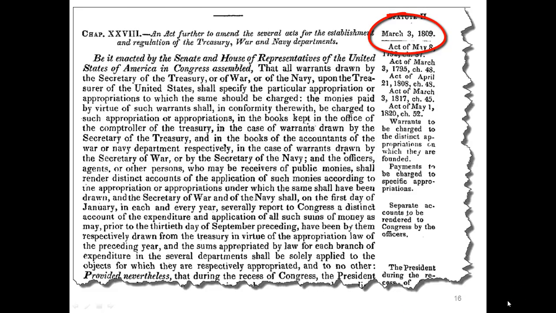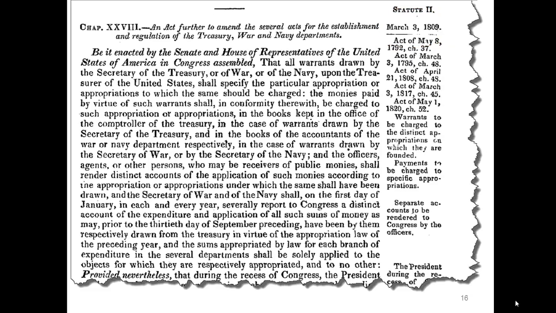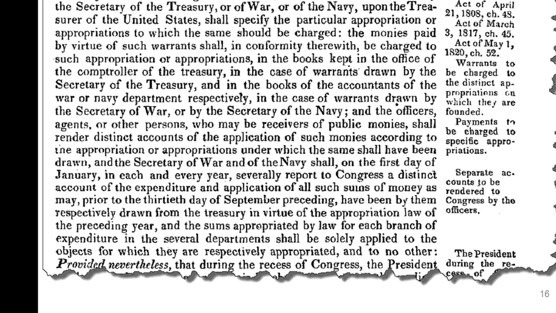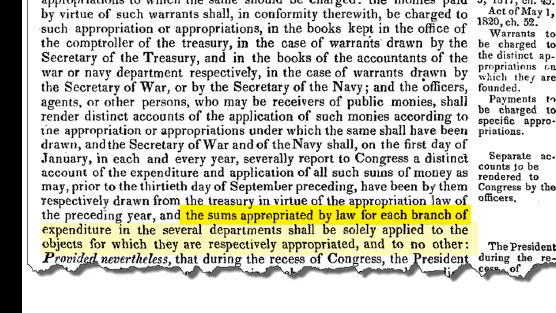In 1809, Congress amended the acts that established the Treasury, War, and Navy departments by requiring that the sums appropriated by law for each branch of expenditure in the several departments shall be solely applied to the objects for which they are respectively appropriated, and no other.